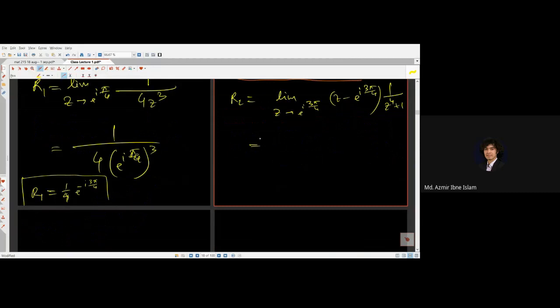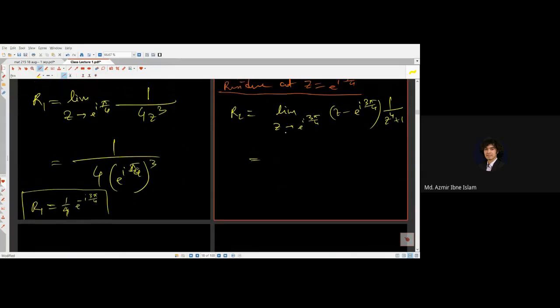So limit Z tends to e to the power I 3 pi by 4, (Z minus e to the power I 3 pi by 4) over (Z to the power 4 plus 1). Can I write directly? Yes, sir.